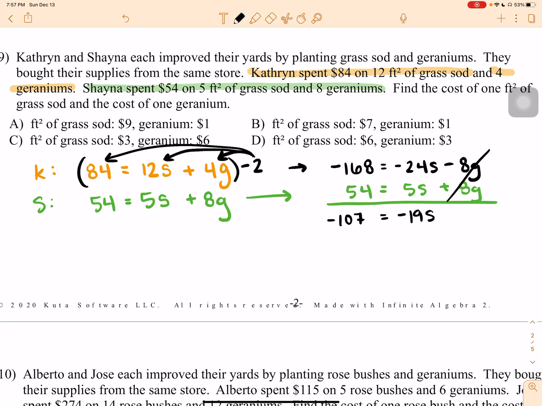So 168 minus 54. Oh, this is wrong. I must have typed it wrong into the calculator. This should not be 107. This should be 114. So -114. So now let's see if we do 114 divided by 19. This is what I get for using my iPhone calculator and not Desmos.